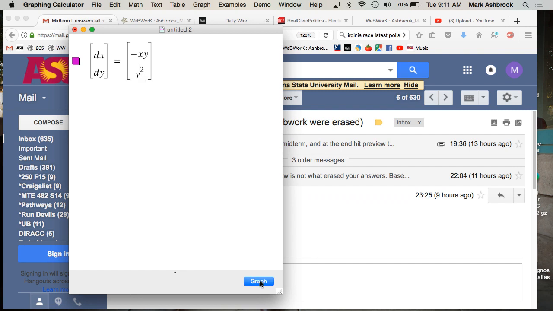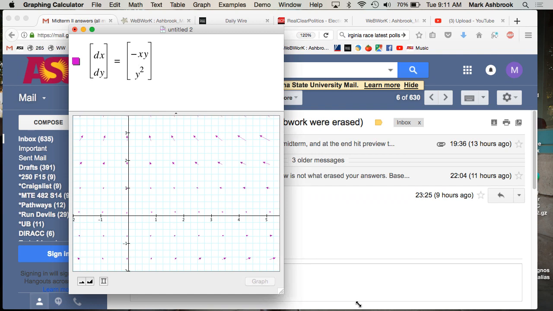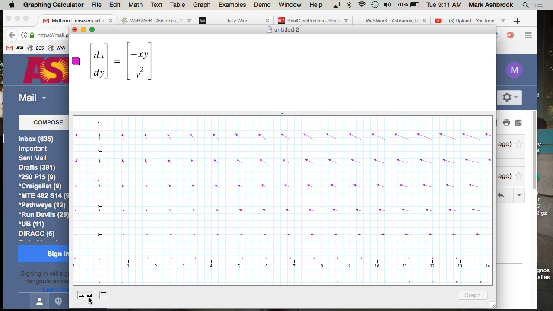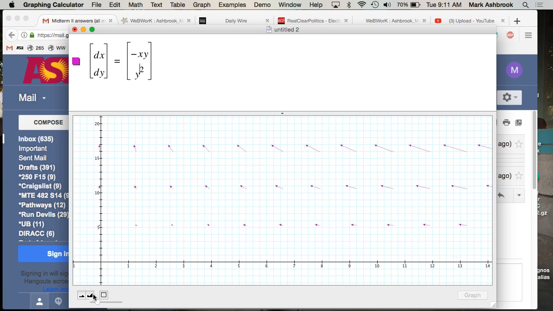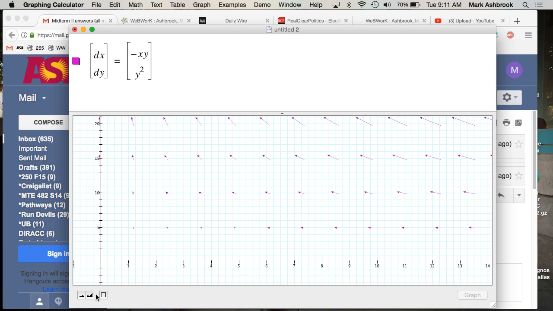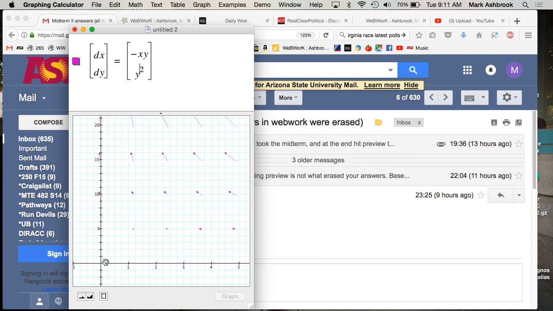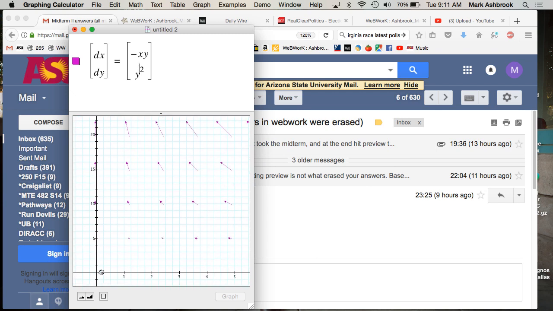All right, so let's take a look at this. And we want to go from, so I'm going to zoom out here. Okay, I think that's good enough. So we're going to go along y equals x squared to 4, 16.